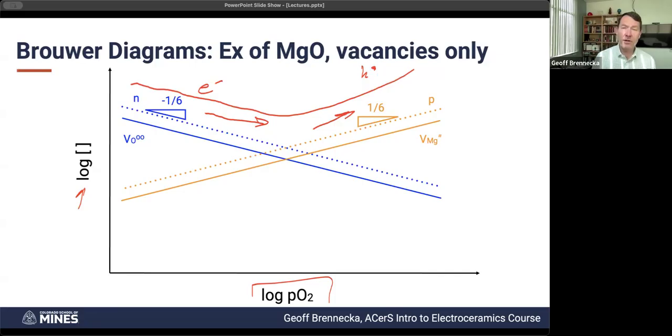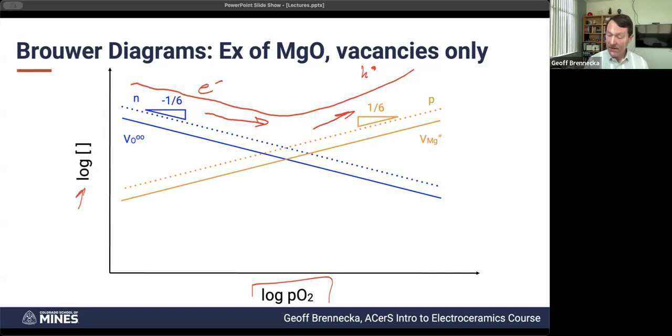If I had a high enough mobility material, I could also do a Hall measurement where I apply a magnetic field and measure the conductivity, and that will tell me relative to the magnetic field whether it's electrons or holes. But maybe I have access to a Hall system, maybe I don't. But the real value in this one is that we can now tweak the behavior of the sample by changing the environment that it's in.